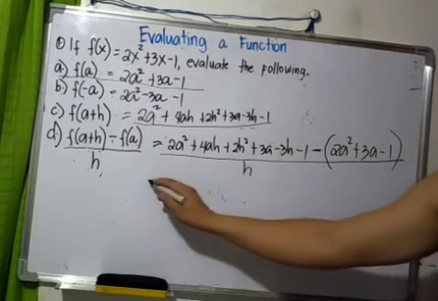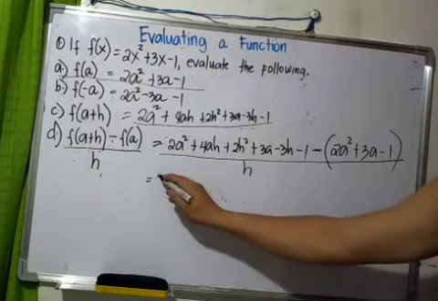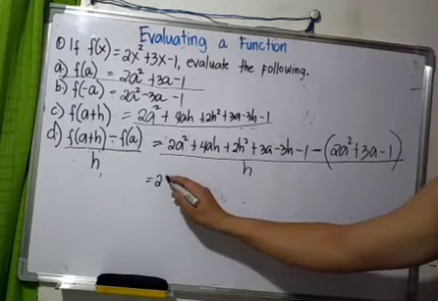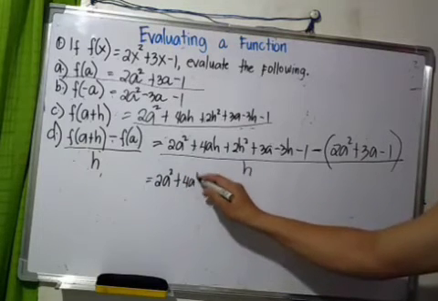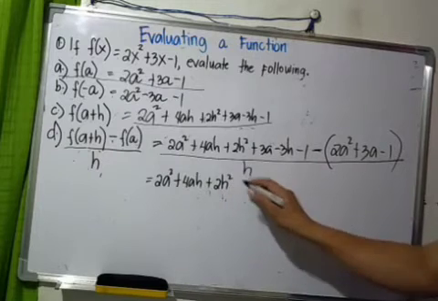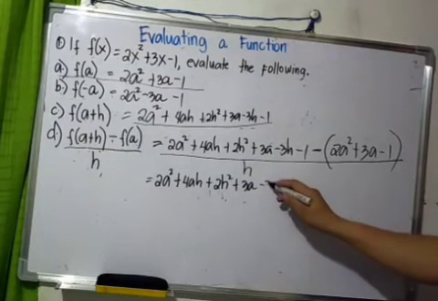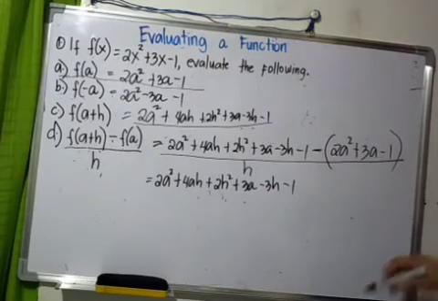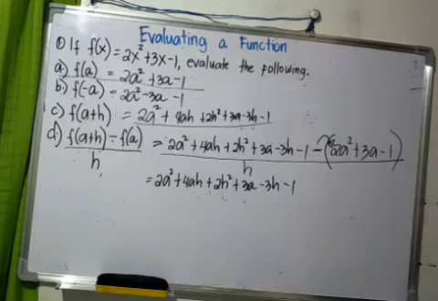Okay, so next, simplify natin ito. So kopyahin mo na yung first equation, 2A squared plus 4AH plus 2H squared plus 3A minus 3H minus 1. Dito, i-distribute natin yung negative sign.